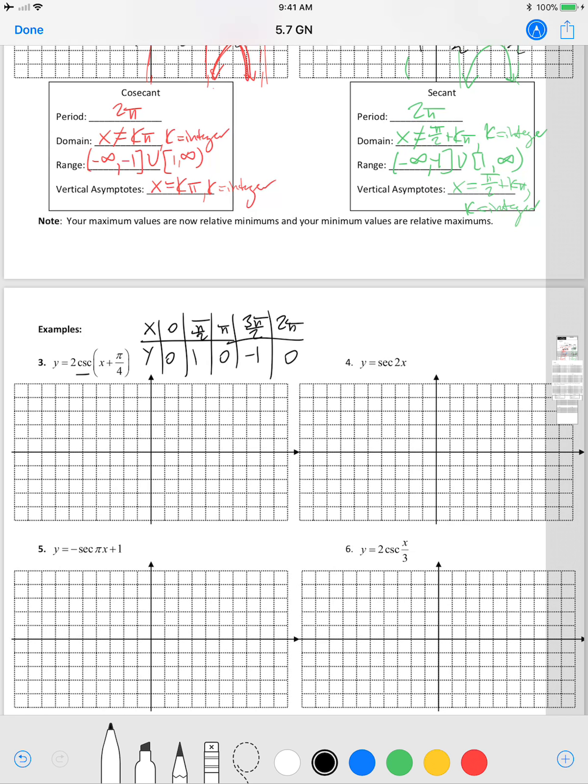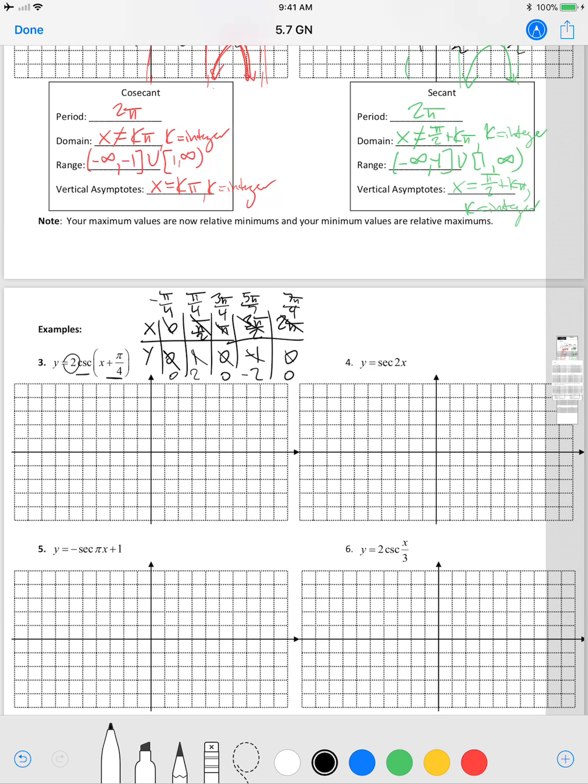And then plus pi over 4, I'm going to subtract pi over 4 from all my x values. 5 pi over 4, 7 pi over 4, and then multiply by 2, my y values. 0, 2, 0, -2, 0.